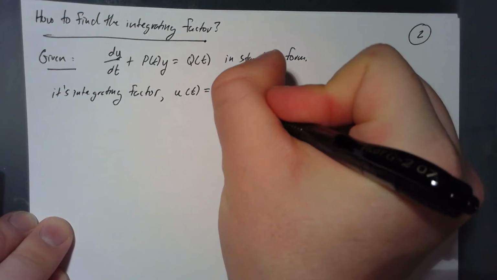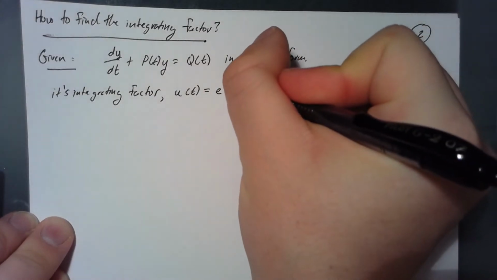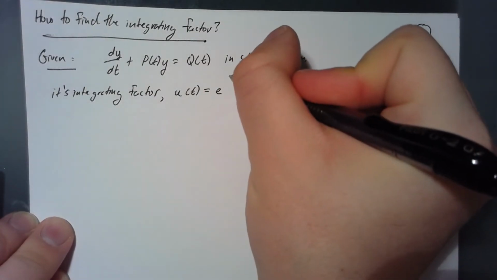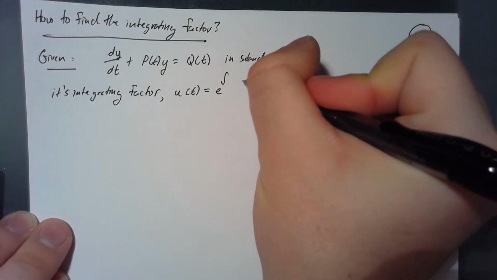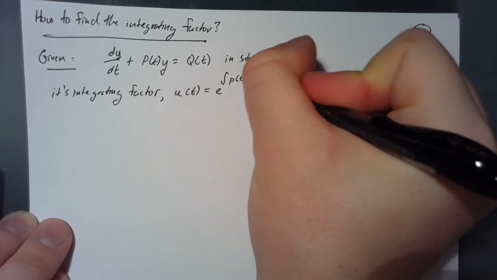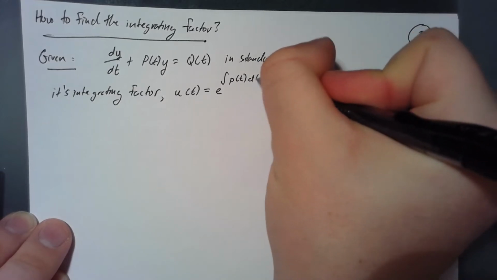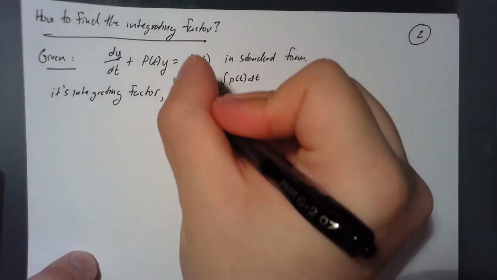It's equal to e to the power, and in the power of e is going to be the integral of P of t with respect to t. That right there is the integrating factor.